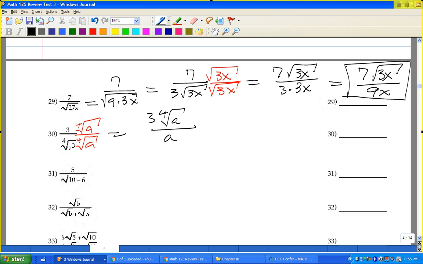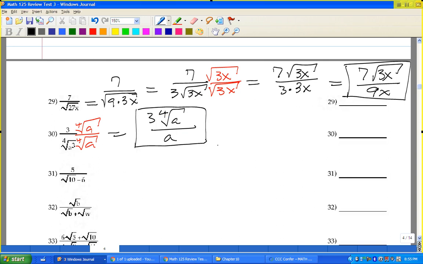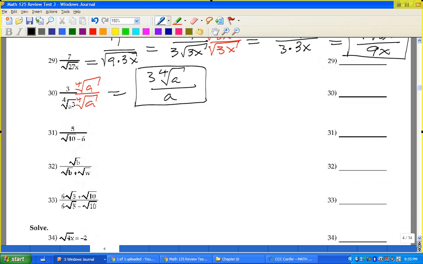Okay. And so let me do problem number 31. 5 over rad 10 minus 6. So let me multiply and divide by the conjugate of the denominator, rad 10 plus 6.